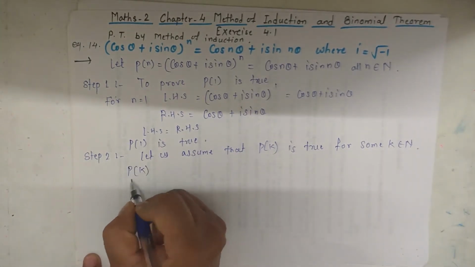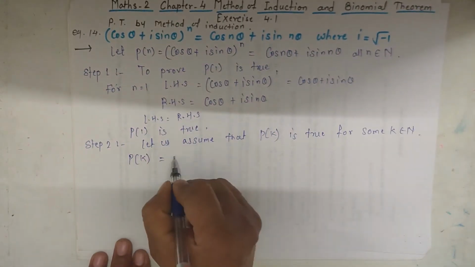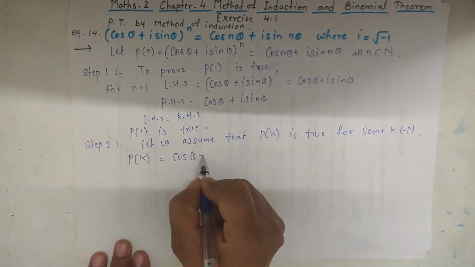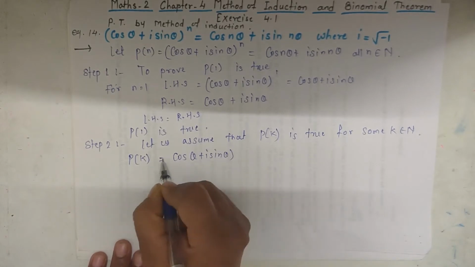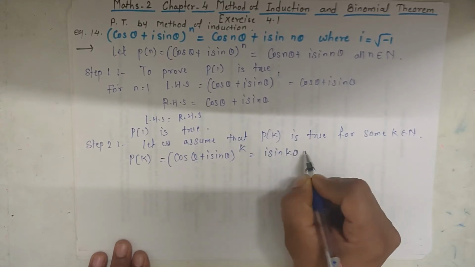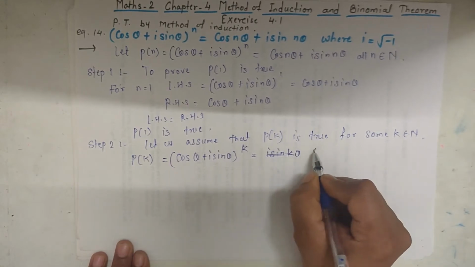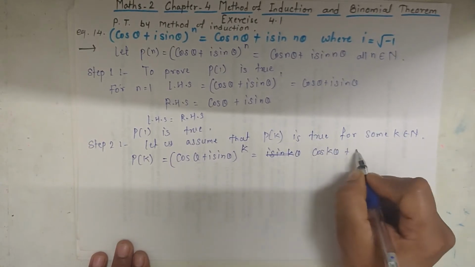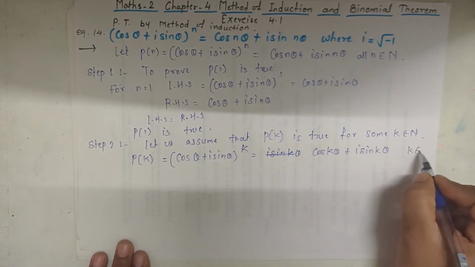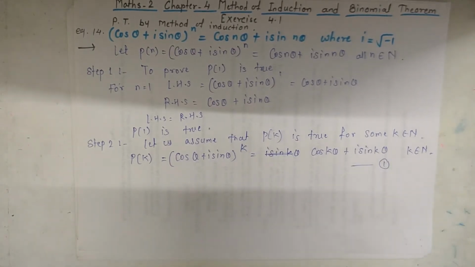So we get the statement in terms of k, that is P(k): (cos theta + i sin theta)^k = cos k theta + i sin k theta, where k belongs to the natural numbers. And this is the first equation.